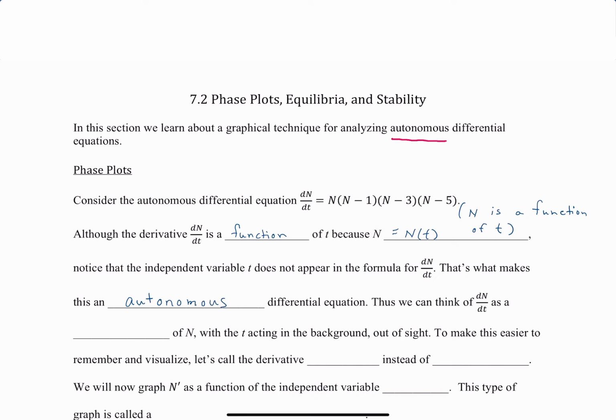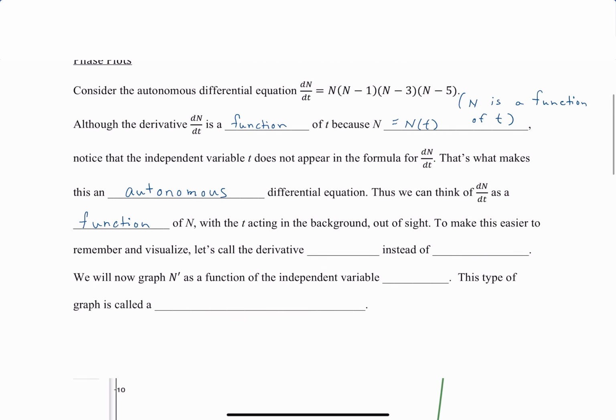Since the formula for dN/dt only has N's and not t's, we can think of dN/dt as a function of N, with the t sort of acting in the background, out of sight. To make this easier to remember and visualize, I'm going to call the derivative N prime.